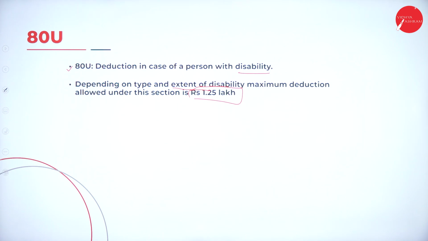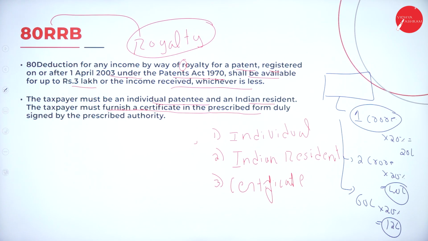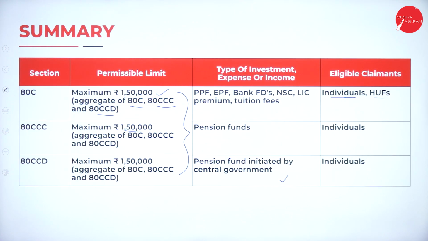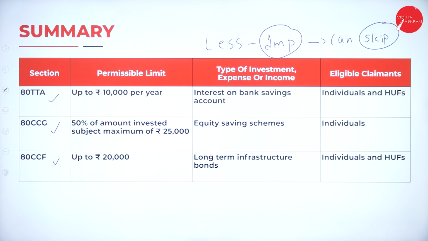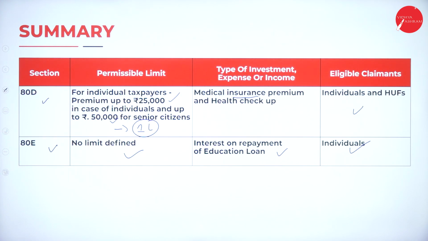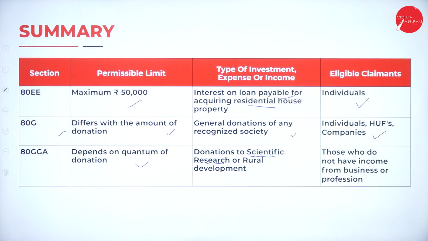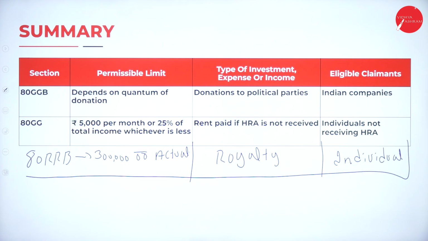See, in the revision part, it is not mentioned. Please add 80U also. 80RRB is for royalty. So these are the summary, continuation of your summary, and this is the last part of your summary.